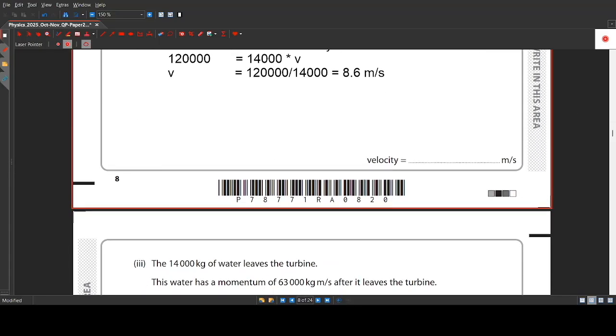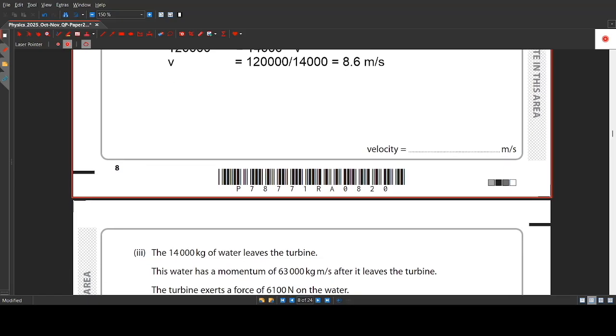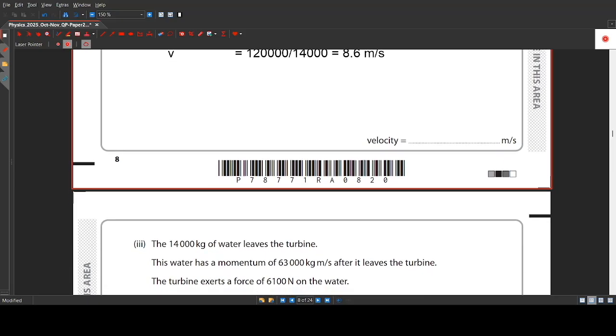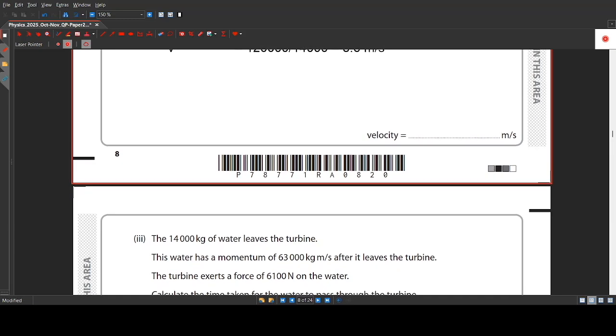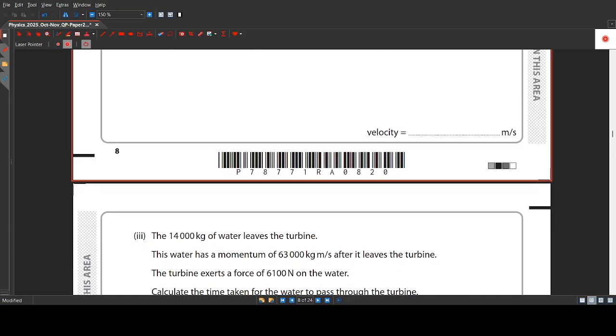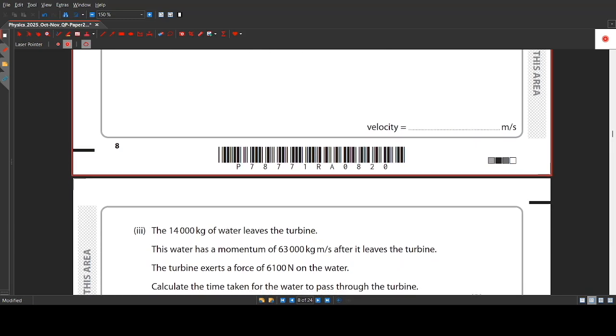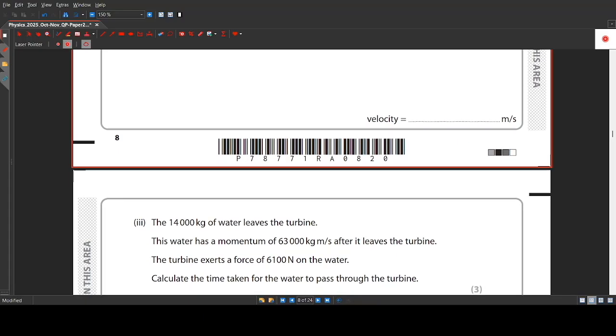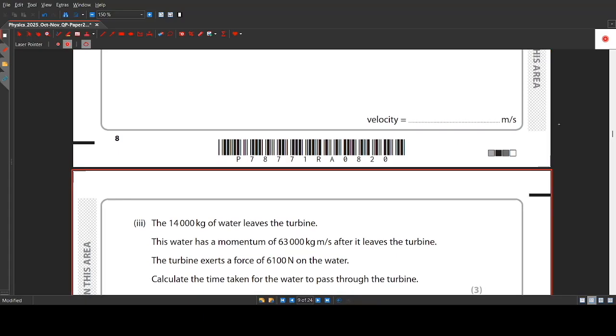The 14,000 kg of water leaves the turbine. This water has a momentum of 63,000 kg meters per second after it leaves the turbine. The turbine exerts a force of 61,000 Newton on the water. Calculate the time taken for the water to pass through the turbine. Okay, now the 14,000 kg of water leaves the turbine with a momentum of 63,000 kg meters per second.